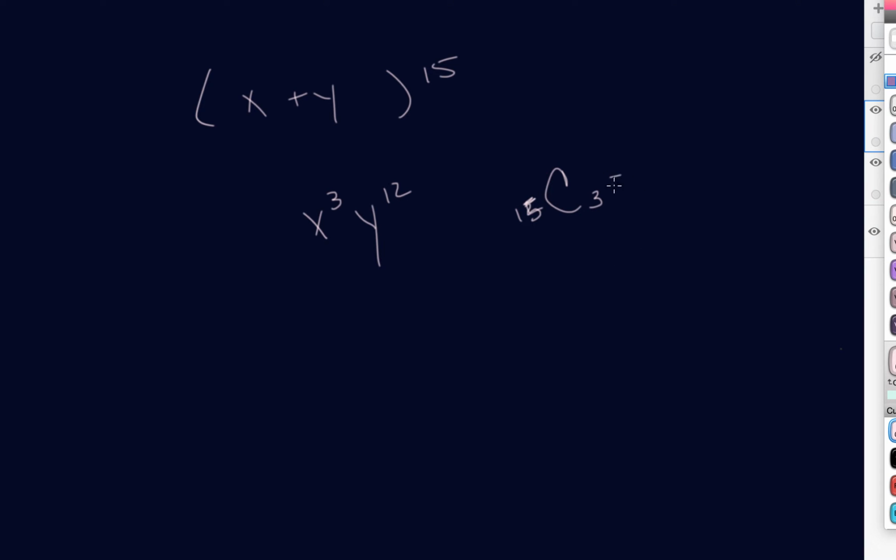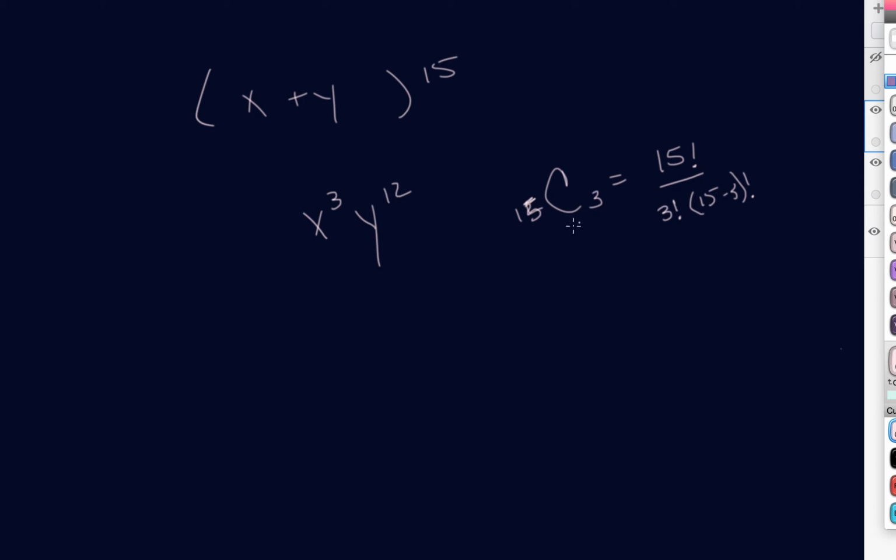And that's going to equal 15 factorial over 3 factorial. Here's the kicker right here: 15 minus 3 factorial. So the good thing about this is you don't have to do all that heavy duty math, right?